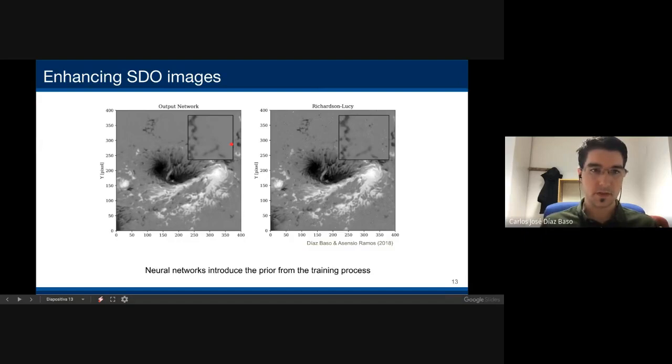So we are showing the network what a typical Sun should look like, and it should then not produce these very high frequency signals.